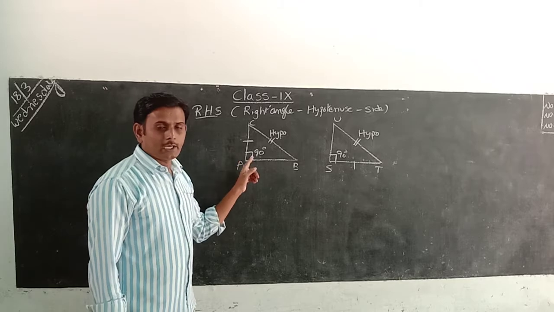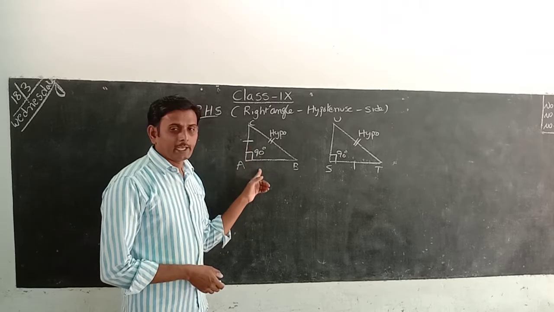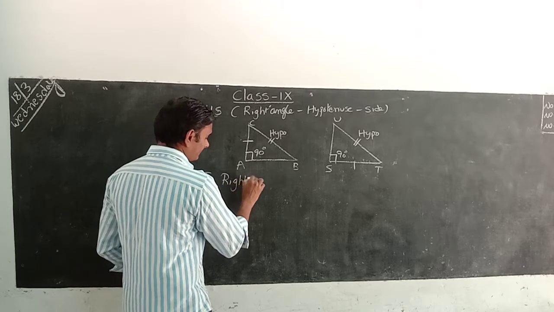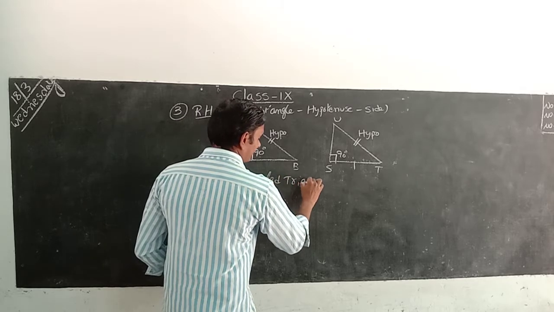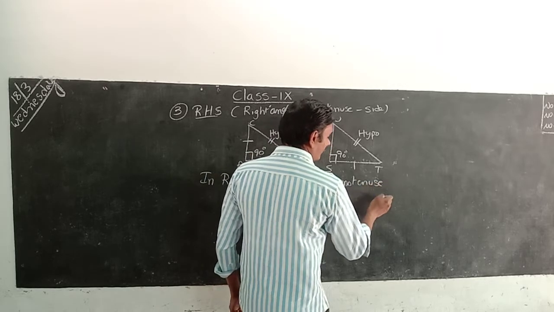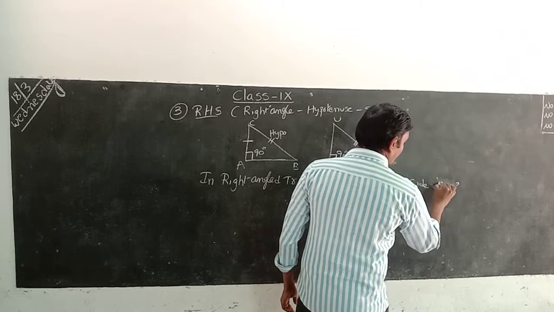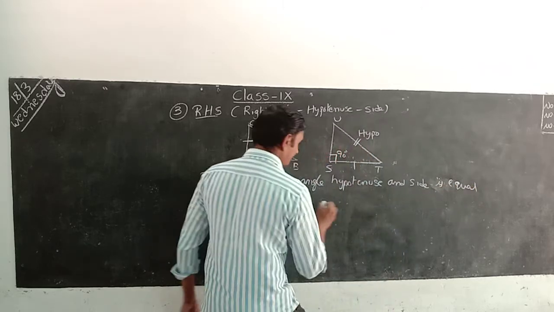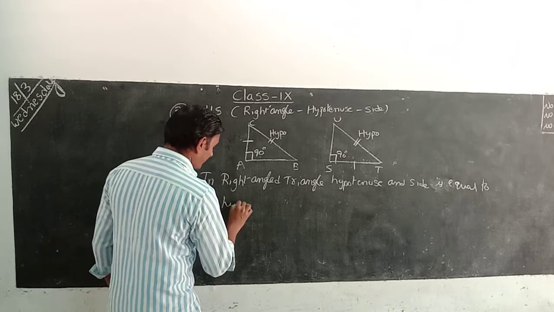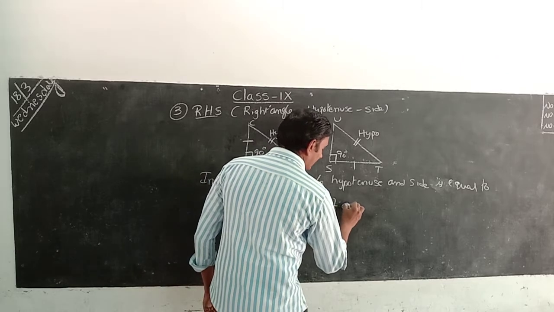In a right angle triangle, the hypotenuse and a side of a triangle are equal to the hypotenuse and a side of another right angle triangle.